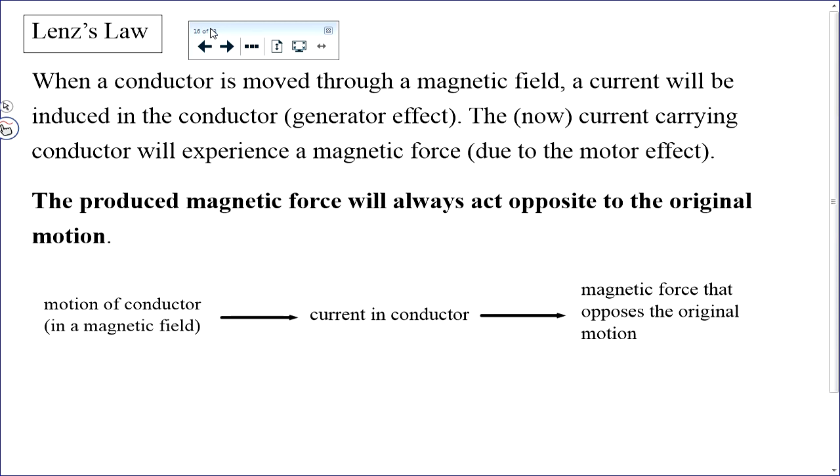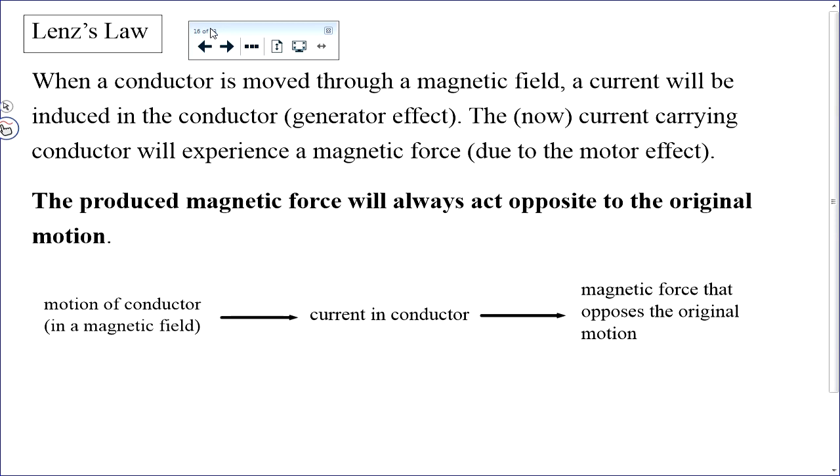Now we're going to look at something called Lenz's Law. Well, let me just read this through with you. When a conductor is moved through a magnetic field, a current will be induced in the conductor. We know that. That's called the generator effect. But now what you have is a wire in a magnetic field that's carrying a current.